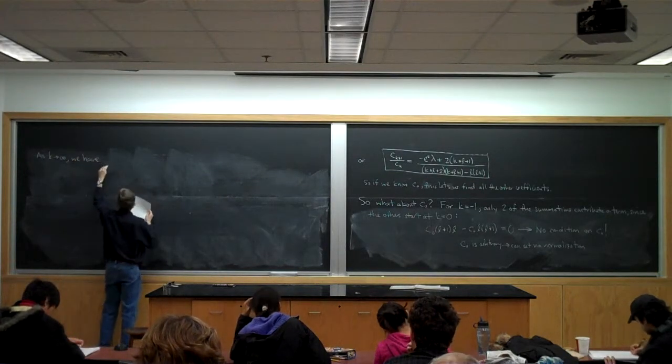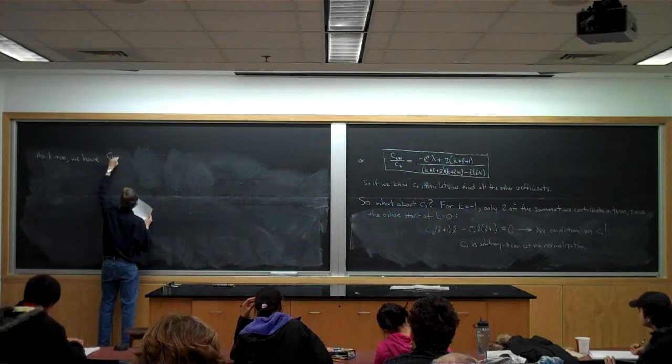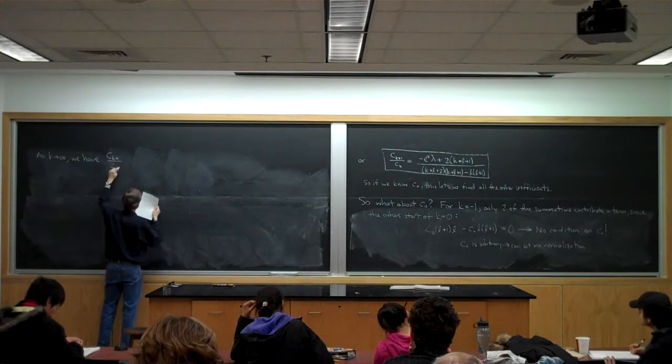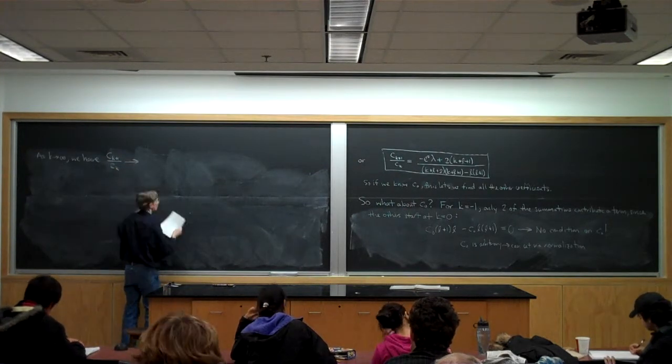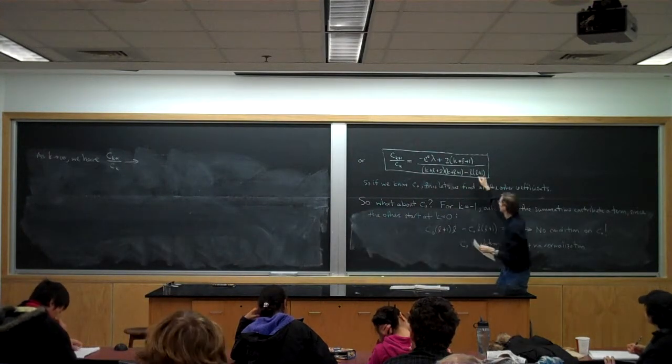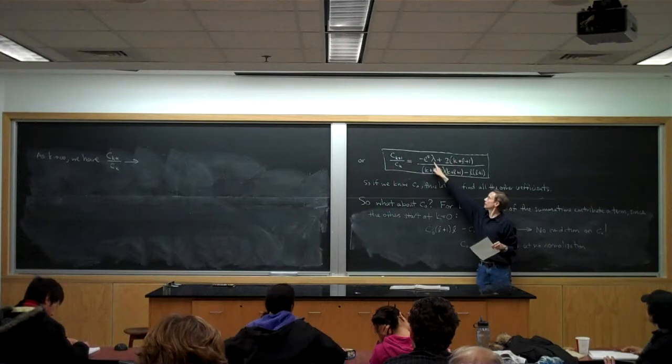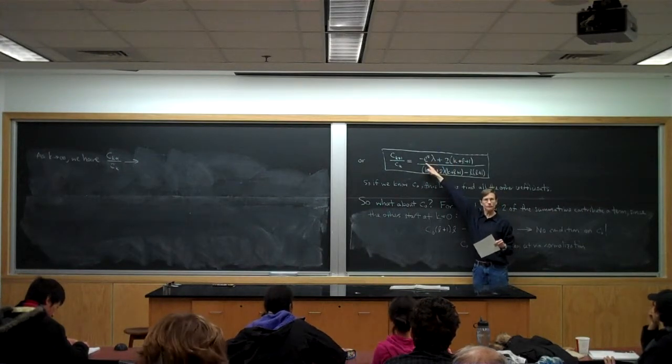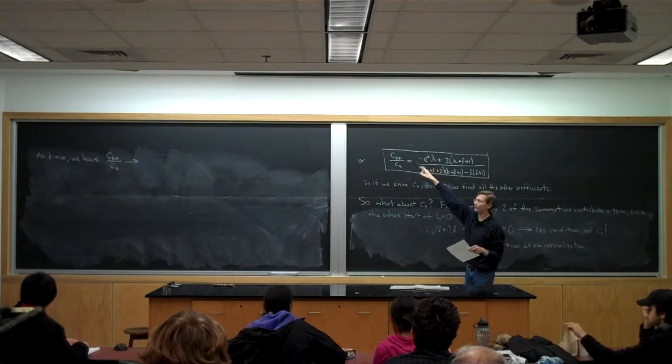As k goes to infinity, we've got C sub k plus 1 over C sub k going to, well, lambda is just a constant, and e squared is just a constant. It's just the charge on the electron squared.